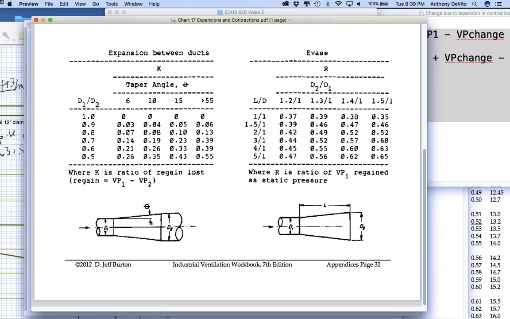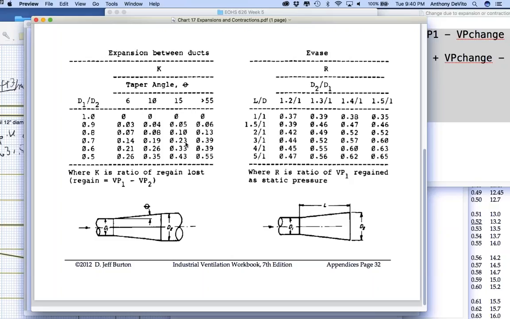If it goes like that, that's a big angle. If it goes like this, it's a small angle. The more gradually angled, the smaller the K factor is. If the taper angle is lower, it's going to be less. 0 degrees is basically no taper at all. So the K factor is going to be 0.23.